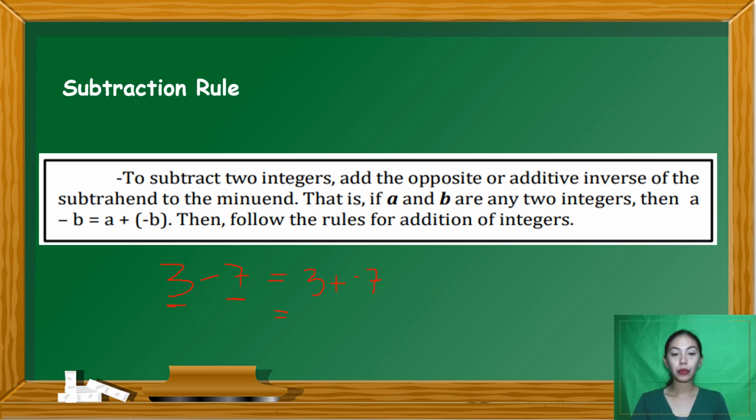So 3 plus negative 7 is negative 4. Since 3 and negative 7 have different signs, we subtract the two and just copy the sign of the bigger number.